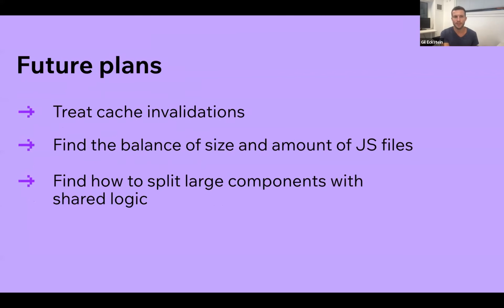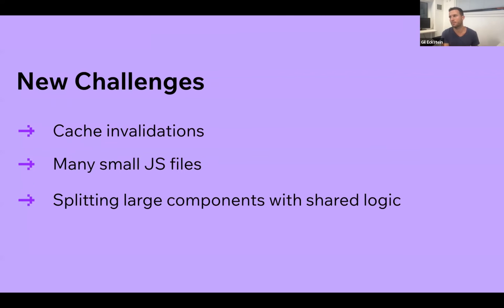But for big components, for example a product page that has a rating component inside it and a comments component inside it, it's going to be challenging to split this large component into small feature-specific components, because then you're going to have product page with rating, product page with comments, and all the permutations. So it's not that easy to split these large components, especially when they have shared logic.